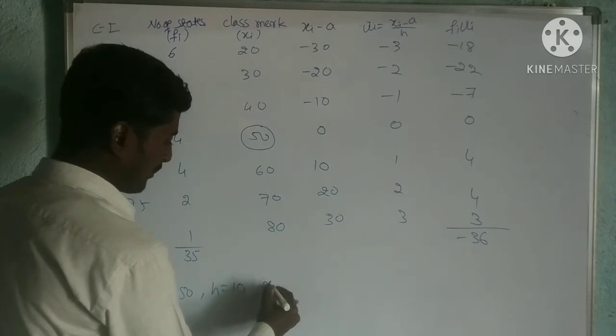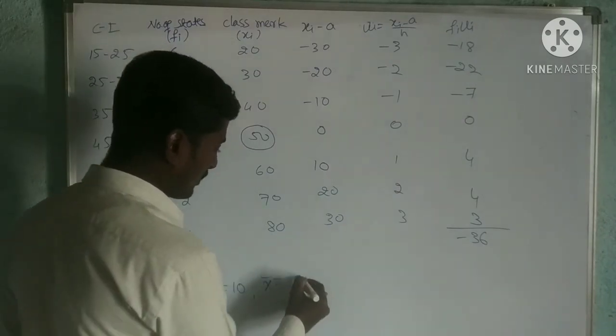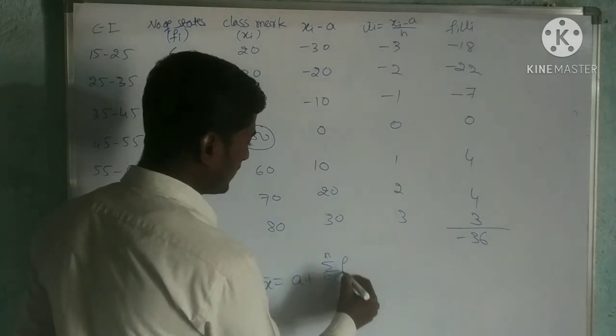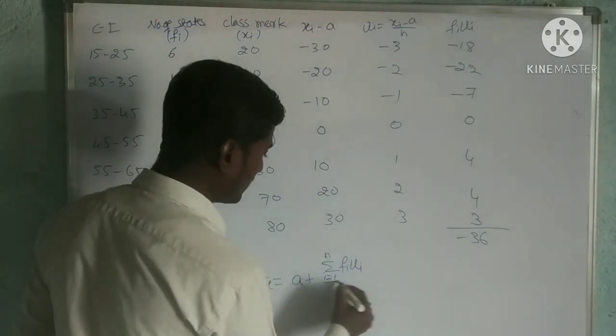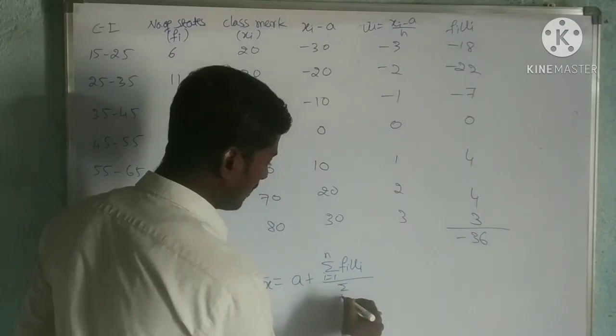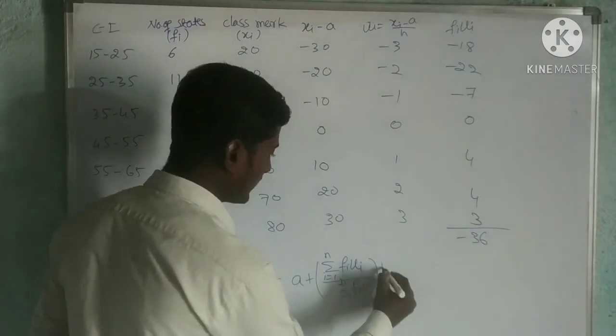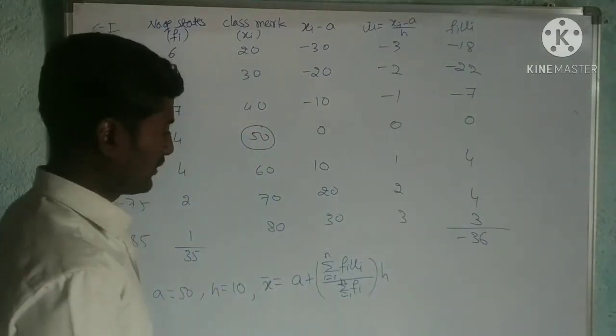We can substitute the values. X bar is equal to A plus summation i equals 1 to n Fi into Ui divided by summation i equals 1 to n Fi, into H. Now substitute the values.